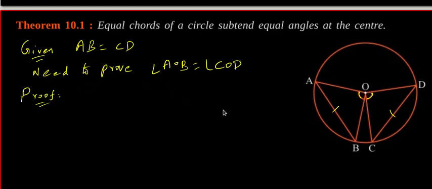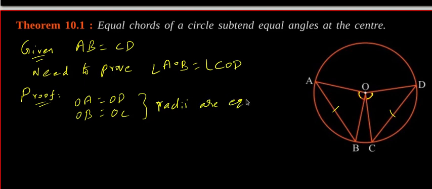Here, OA, OD, OB, OC are the radii. So definitely all those radii are equal. OA equals OD, OB equals OC because the radii are equal. And it is given that AB equals CD.